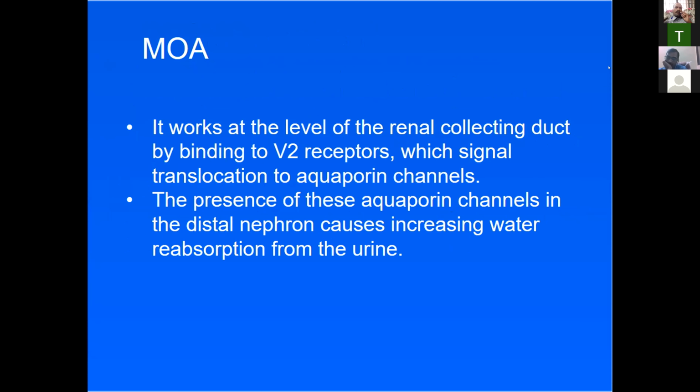So it will bind to the V2 receptors first, and it will translocate the aquaporin channels to the distal nephron. When aquaporins are present on the distal nephron, it will cause increased reabsorption from the urine.